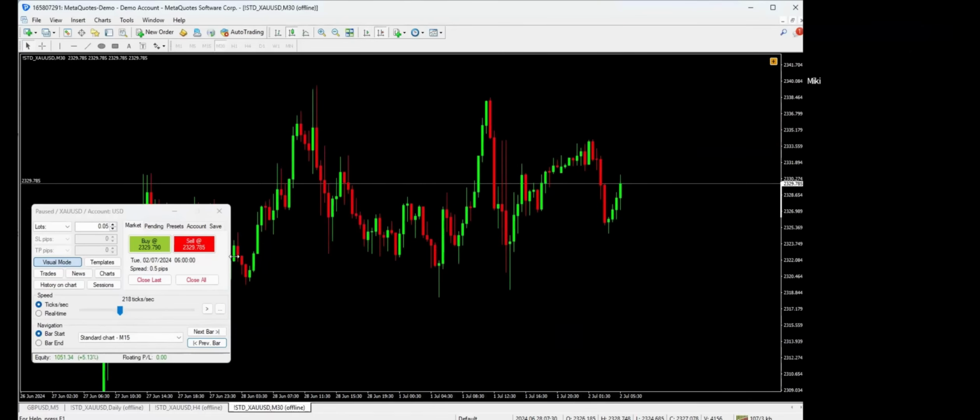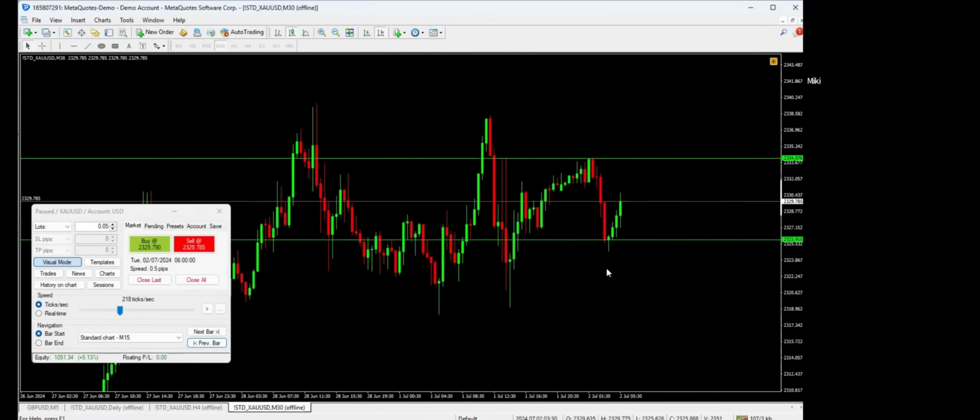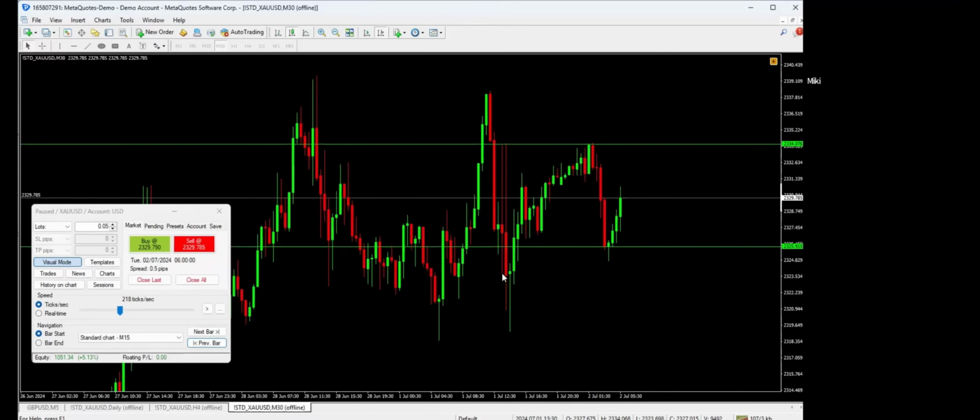So back to the 30-minute now, creating structure. We've got the most recent support here, the most recent resistance here. All right, so I'm looking for a retest now of 23.25 for gold to continue up, because the 30-minute currently looks like it's in an uptrend, because we've got the low, higher low, higher low, but then we also have this high and lower high.